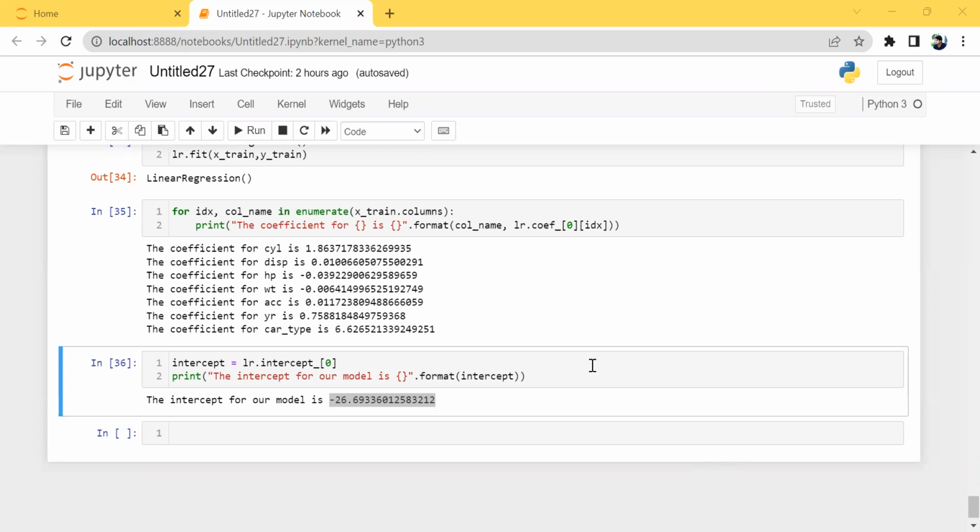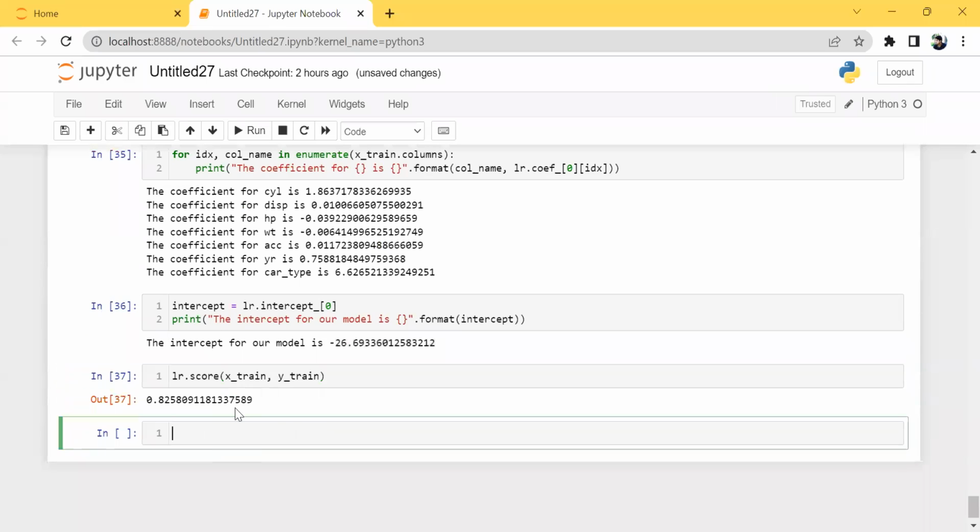So what we can do is scale the data. For that we can use the z-score technique later, but for now we can try to find the accuracies of this particular model. So how to do that? Hit shift enter.